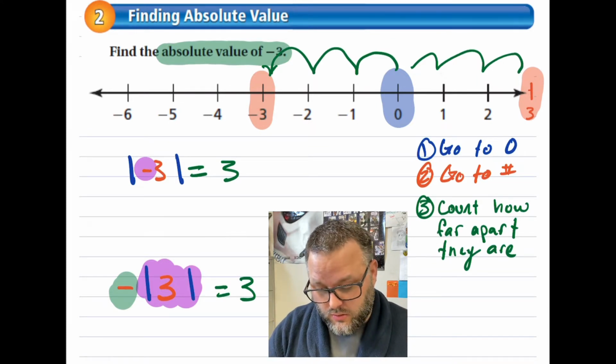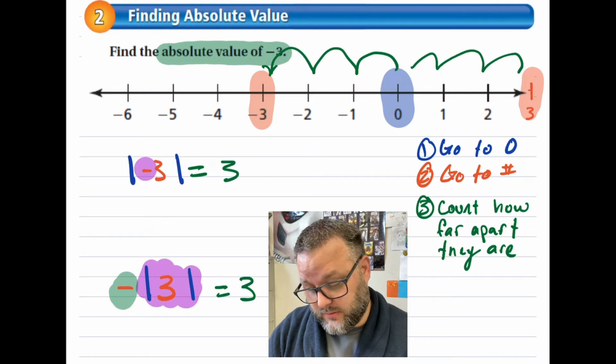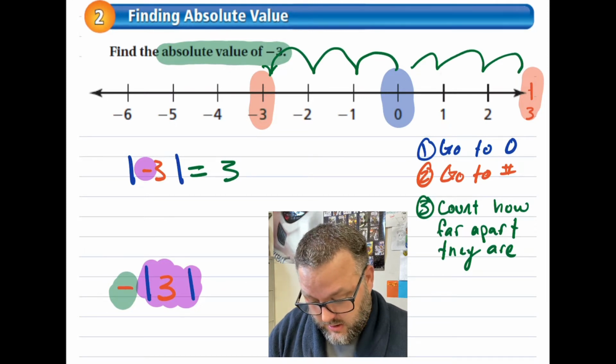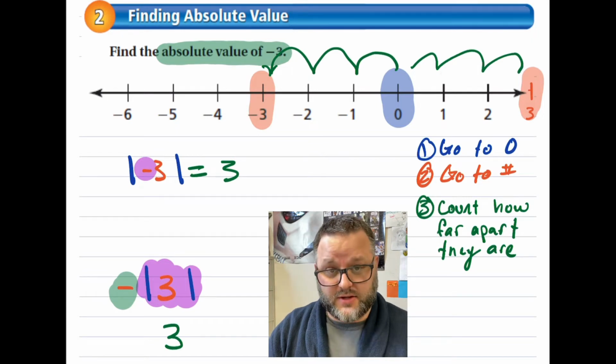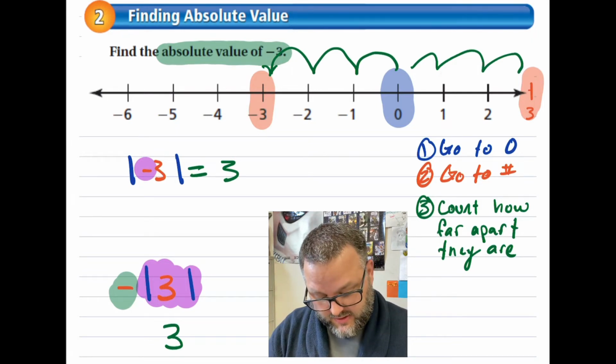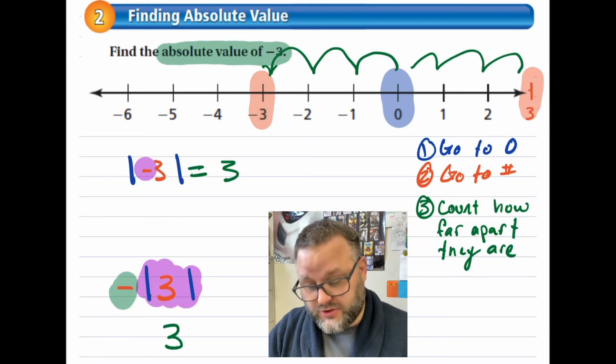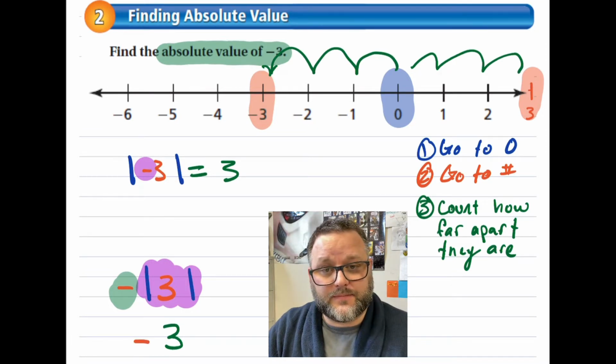So we know, oops, and I actually wrote that a little bit wrong. Let me go ahead and do that here. I'm going to put the 3 down here because that 3 is indicating it's the answer to the absolute value of 3, but I haven't done anything with that negative. So it would just carry down.